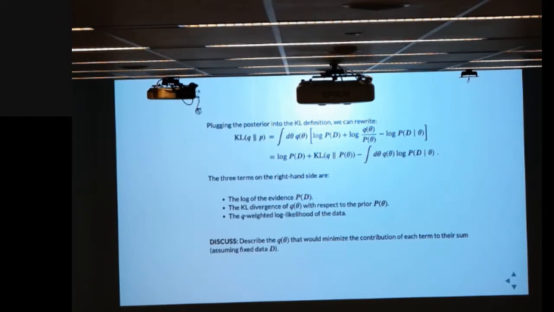So this last term, what q is going to minimize that? That's not so easy. One way of finessing the answer is to notice that this thing here, minus the integral of some probability times the log of another probability, is the cross entropy between q and the likelihood. And so the way you minimize that is that you want q to prefer parameters that explain the data, that make the data very likely.